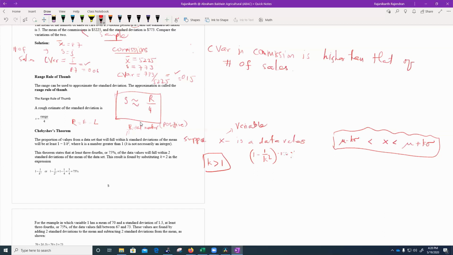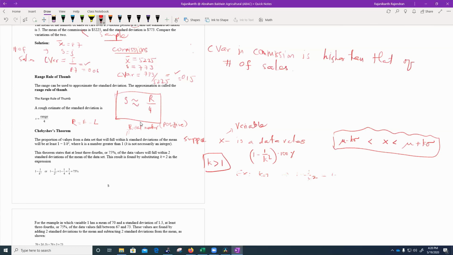For example, suppose k is 2. Then what is 1 minus 1 over k squared? Could you find out this number? You know k is 2, so simply plug 2 in here.